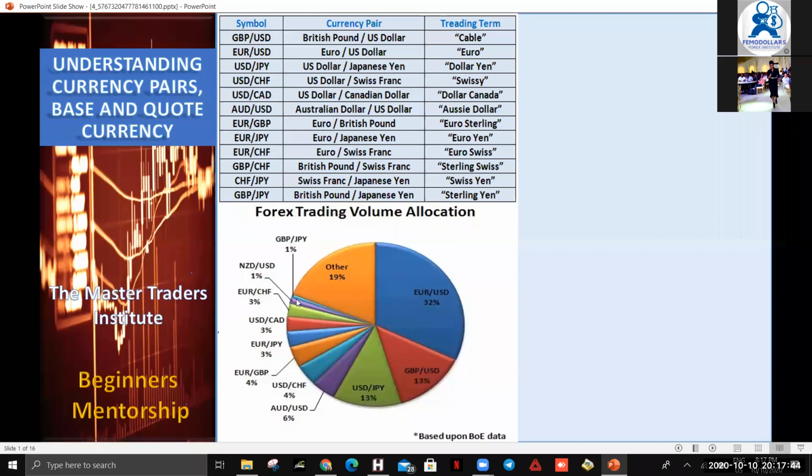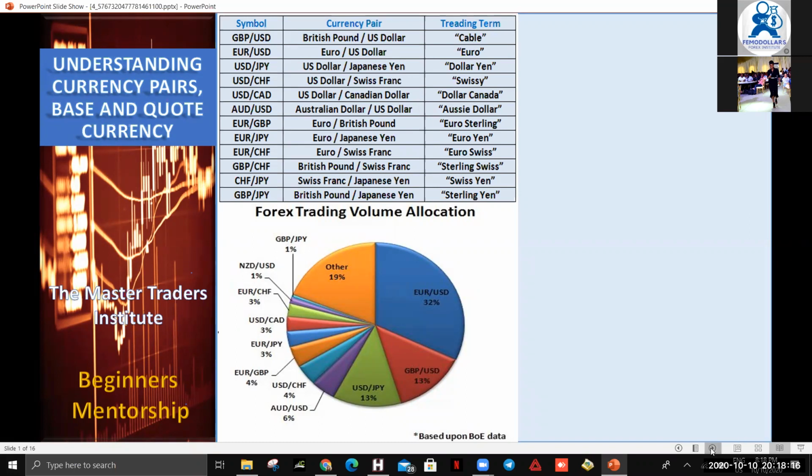Every other pair has little activity because most people don't trade it, as there's no high volume coming from it. Most traders trade the major pairs because of the high liquidity: Euro USD, GBP USD, and USD JPY. This data was actually given by the Bank of Europe. If you want to know more, you can go to Google.